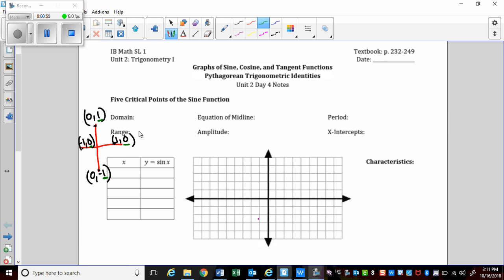At the radians, I'm going to look at when our radians are 0, pi over 2, which is 90 degrees, pi, 3 pi over 2, and all the way back here to 2 pi.